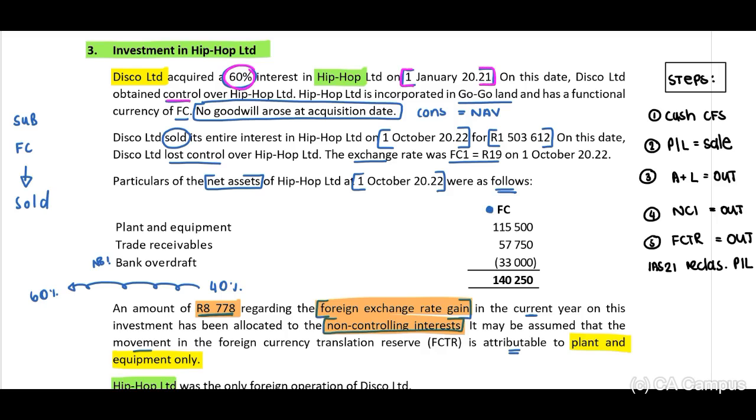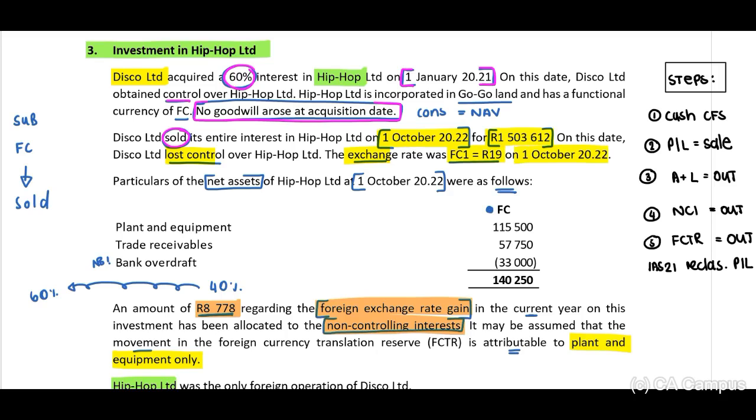Right, we now know that there is no goodwill in terms of the acquisition date, and that indicates to us that Disco sold its entire interest on 1 October 2022 for 1503612. Disco Limited lost control, and the exchange rate was 19 Rand on 1 October 2022.